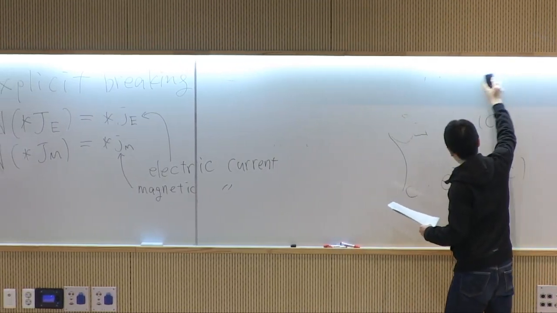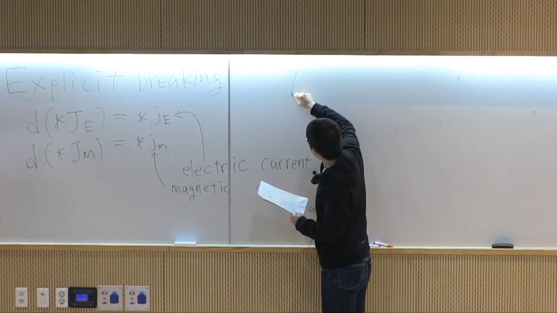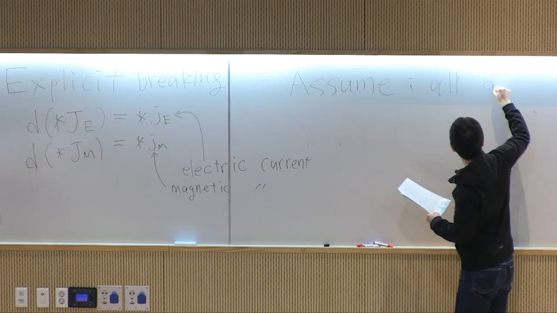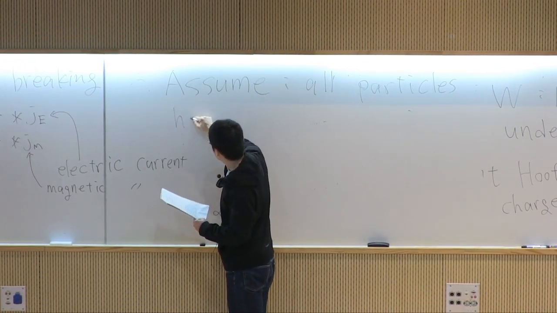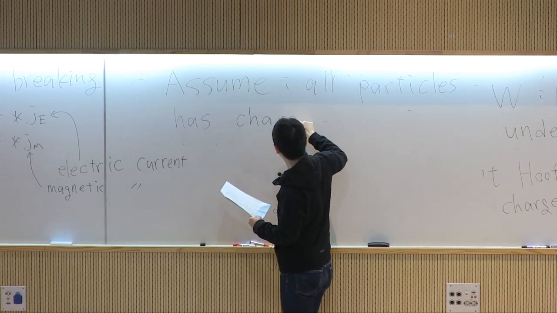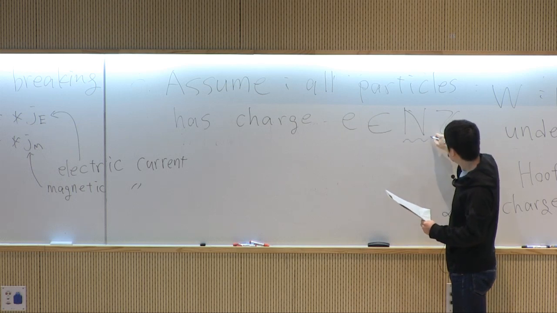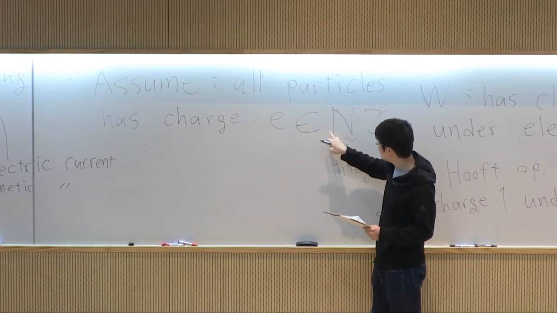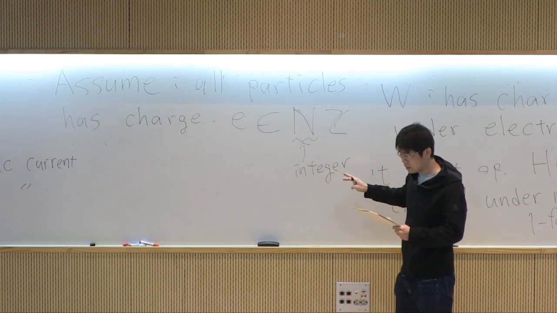So let's suppose the following. Let's assume that all particles have electric charge which is a multiple of N. Here this capital N is some fixed integer, and suppose that all electric charges are multiples of this integer N. Suppose that the matter content is like this.